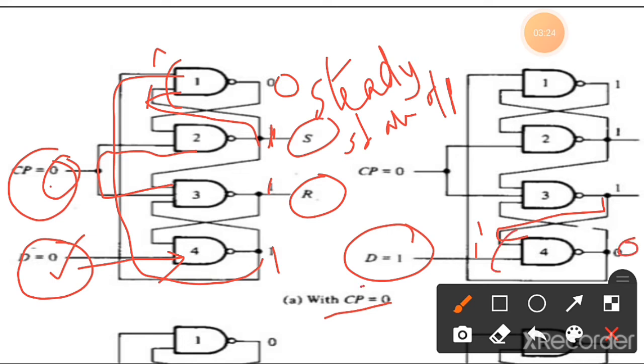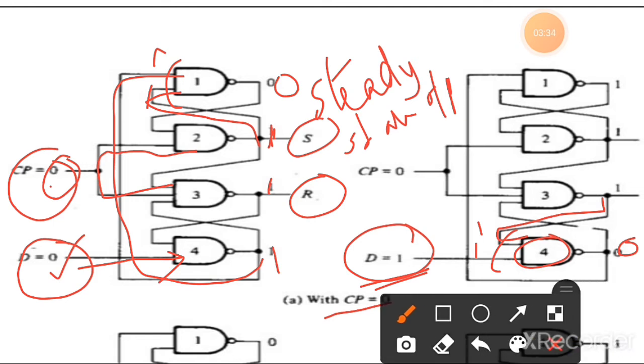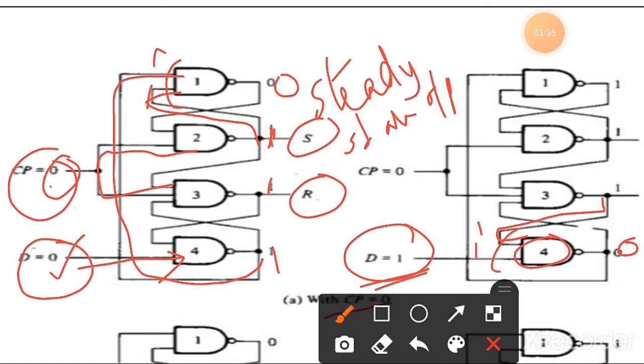So when D is equal to 1, the output of gate 4 goes to 0, and the output of gate 1 goes to 1, because any one of the inputs is 0, then the output will be 1.